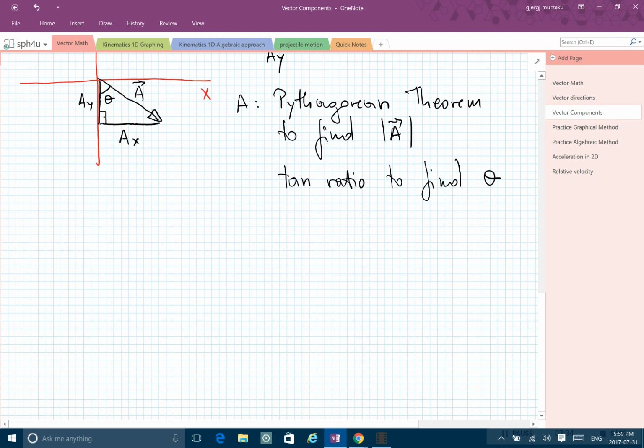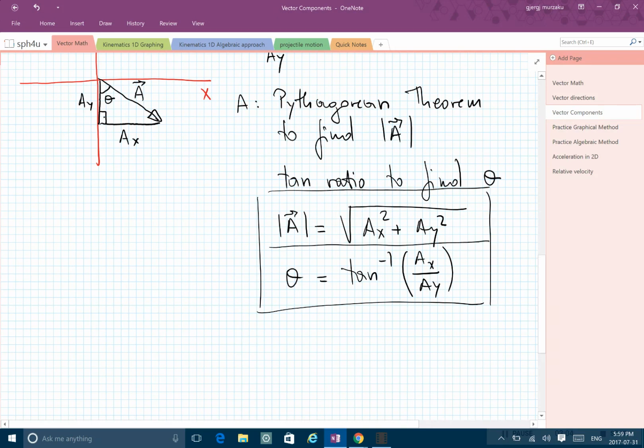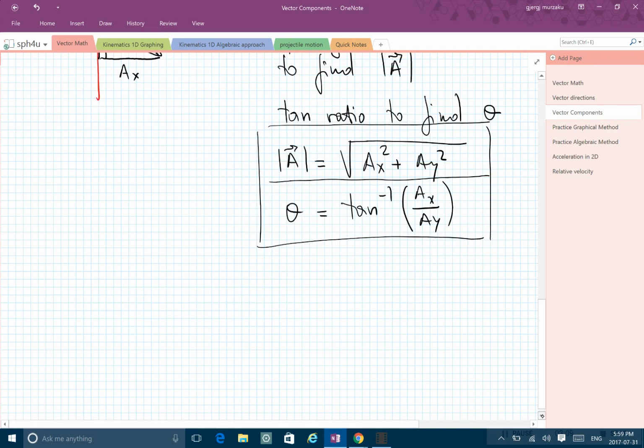So the magnitude of A will be the square root of the sum of the squares of the sides, and the angle will be the inverse tan of opposite over adjacent. In this case it is AX over AY, but in a lot of other instances it could be the other angle, could be this one here. So it depends on which one you would like to report.